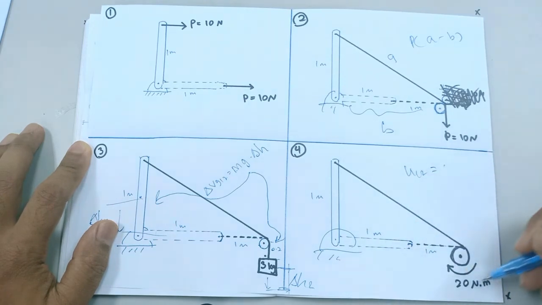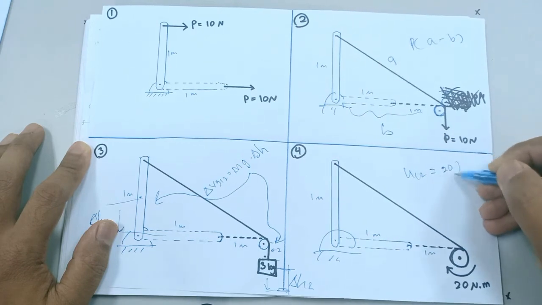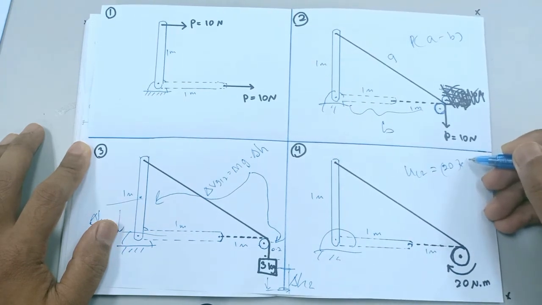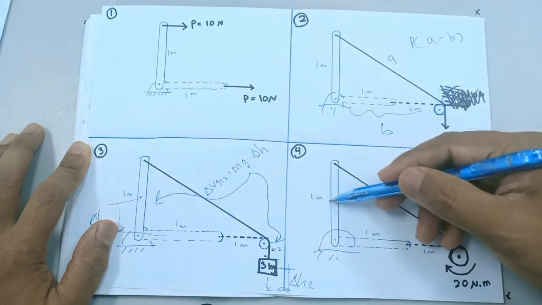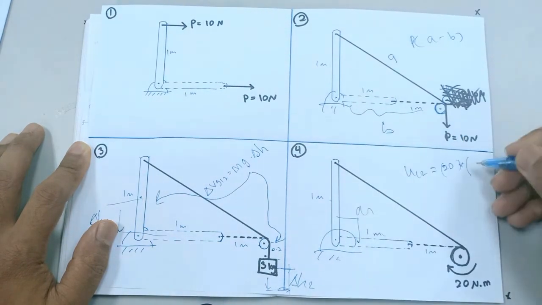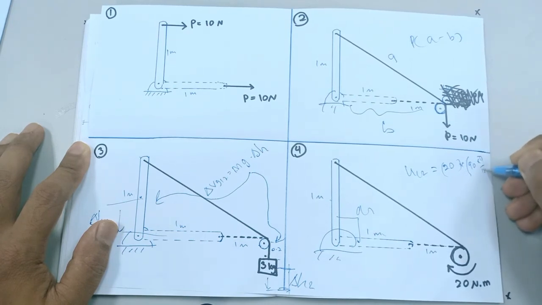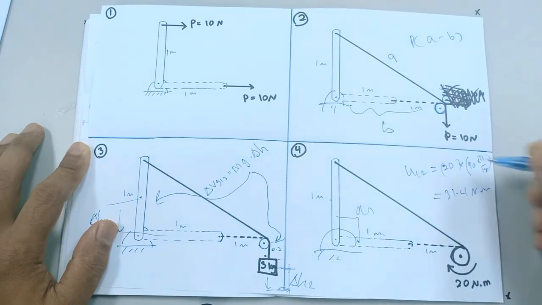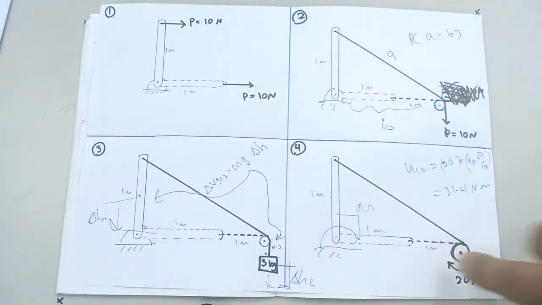The torque is 20, and the angle is moving from here to here, so it is 90 degrees. 90 converted to radians is pi/2, so you have the answer 31.4 Newton meter. It is moving in the same direction, so this one will be positive.